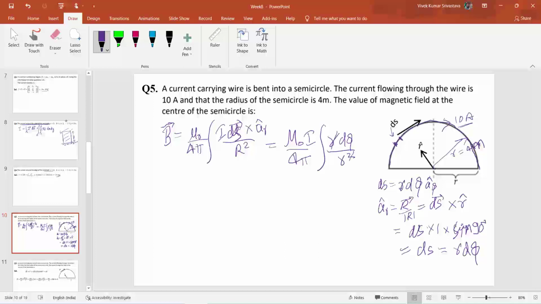So this will cancel out. So that's how we can calculate the magnetic field.